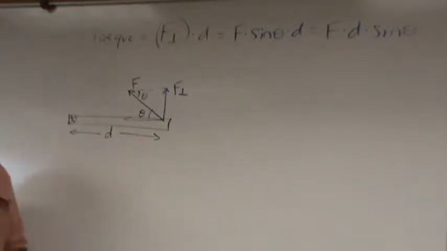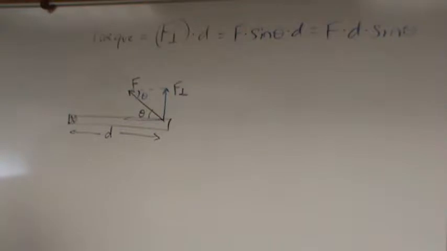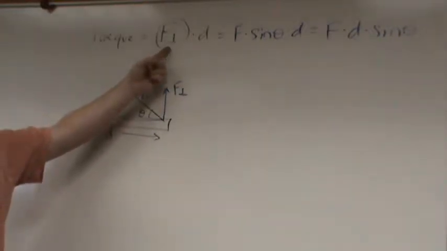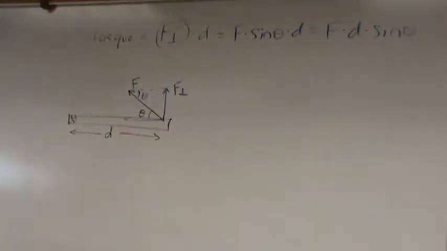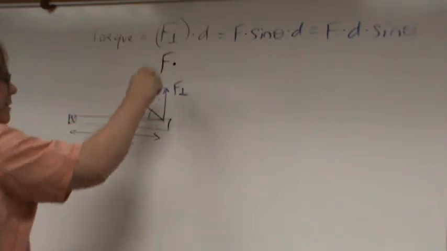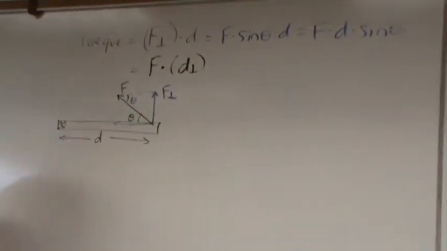I'm going to teach you about another way to view torque. Instead of saying torque is the perpendicular component of force times the distance to where the force is applied, we say it's force multiplied by the component of the door perpendicular to force.